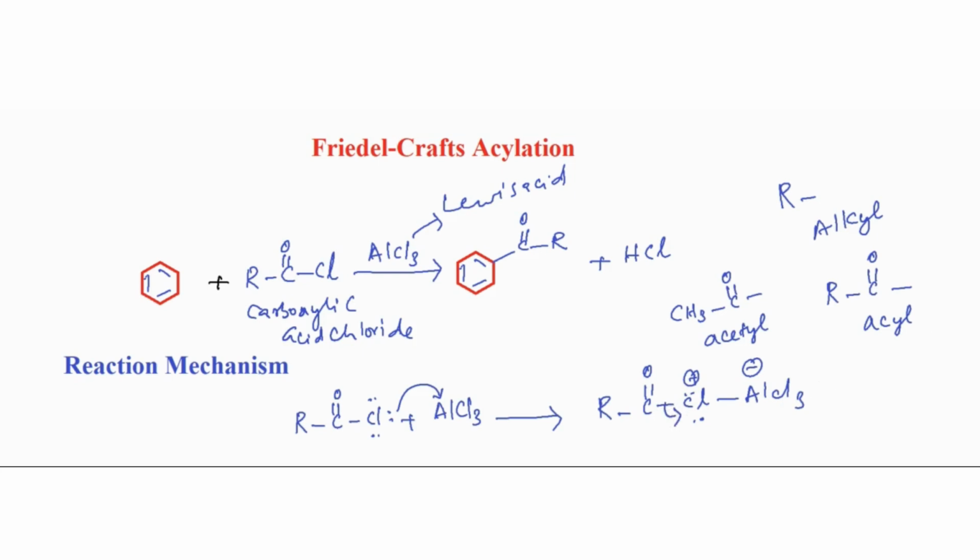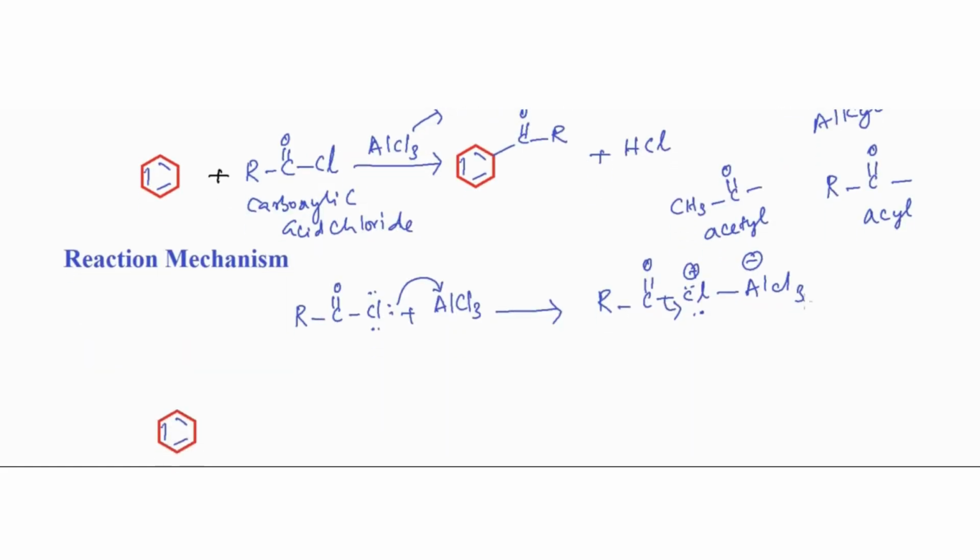Finally we will get RCO, and this will get the positive charge. So this is called acylium ion.